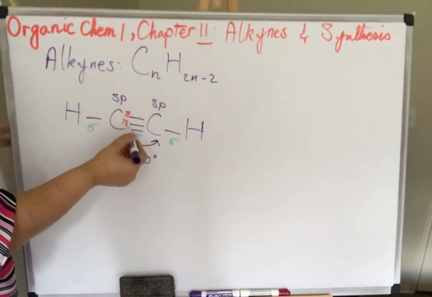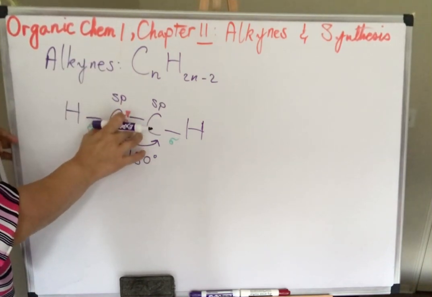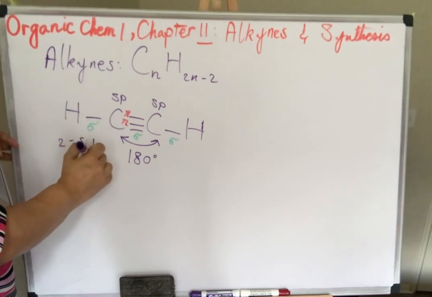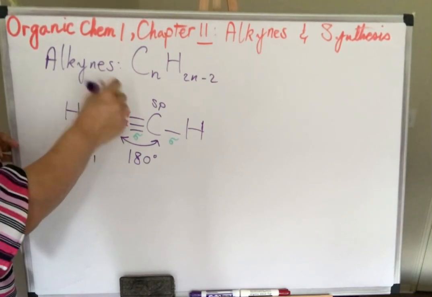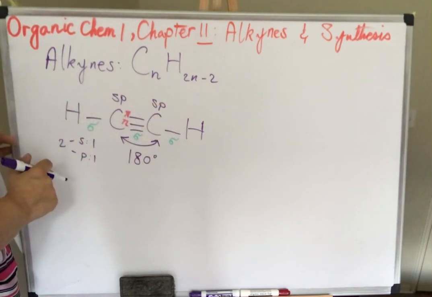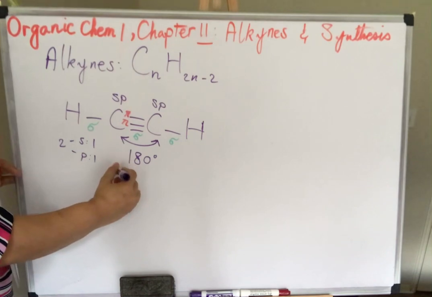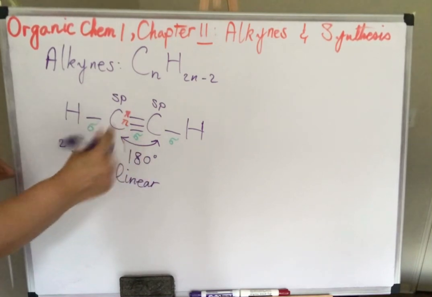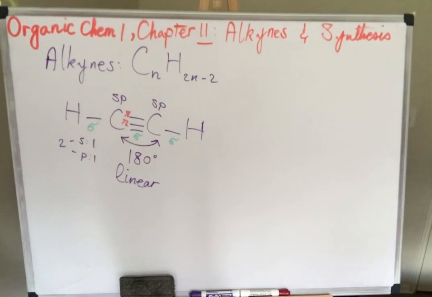How many bonds do you see around each carbon? 2 bonds, one of them is S, the remaining is P. So the hybrid is sp. The bonding angle is 180 degrees. Whenever the bonding angle is 180 degrees, the molecular shape is linear. So the shape around a triple bond is linear.